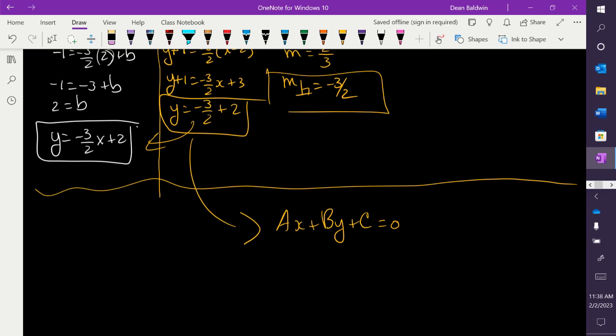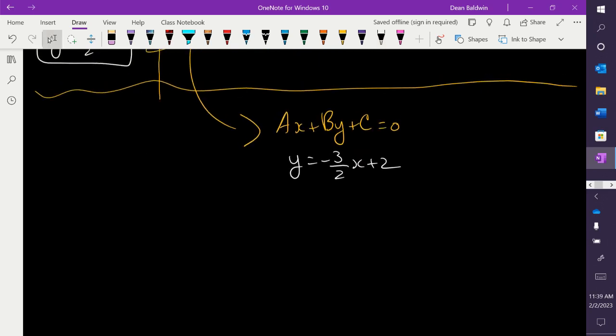Okay, so no fractions. So we have this. How do you clear a fraction? Other than making it a decimal. No decimals, no fractions. Yes, you take whatever the common denominator or multiple of that denominator is, multiply the whole equation by it. So in this case, if I multiply everything by 2, you get 2y. -6/2 is just -3, right?